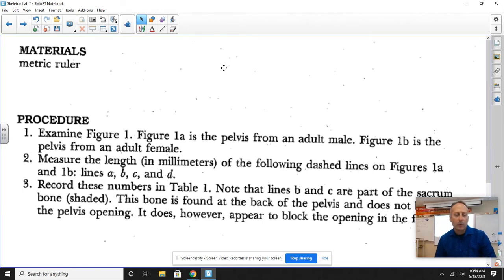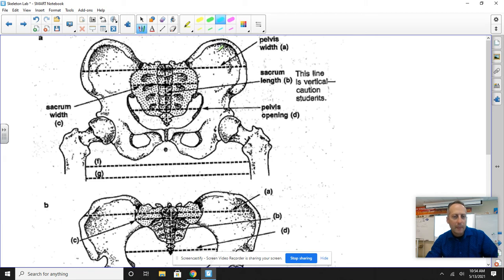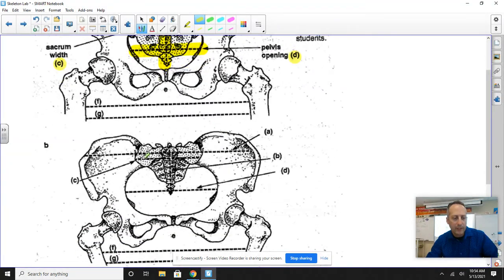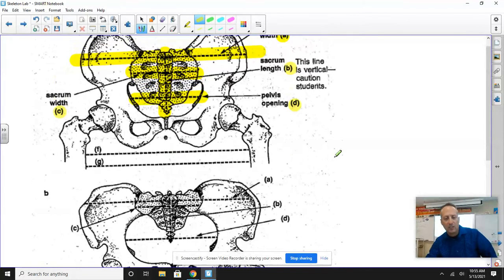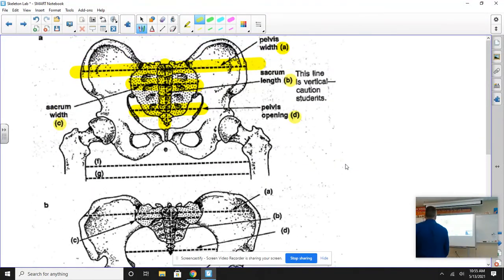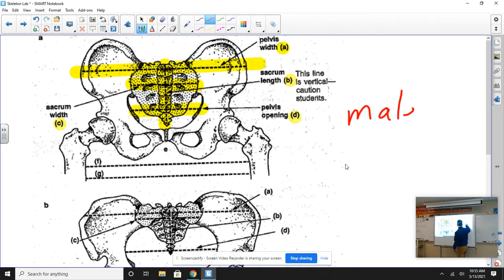We're going to measure the following dashed lines in the pelvis. So you're going to compare and contrast the pelvis width, A, the sacrum length, B, the sacrum width, which is C, and the pelvis opening, which is D. I read through that so quickly, but this first one is a male, and the second diagram is a female.